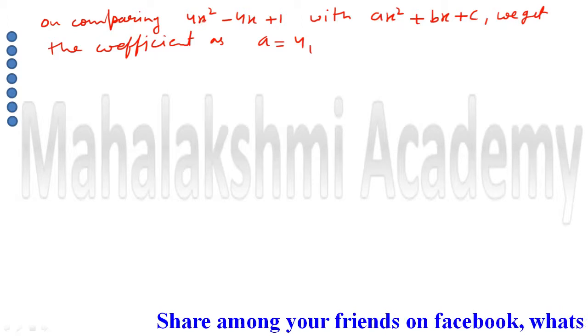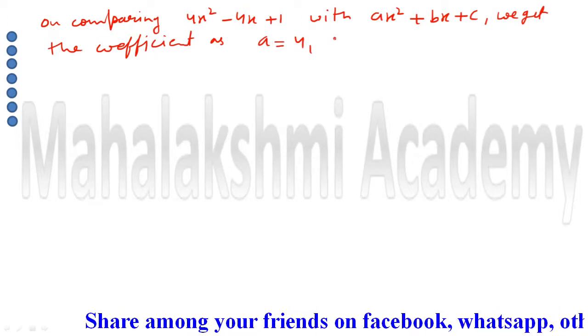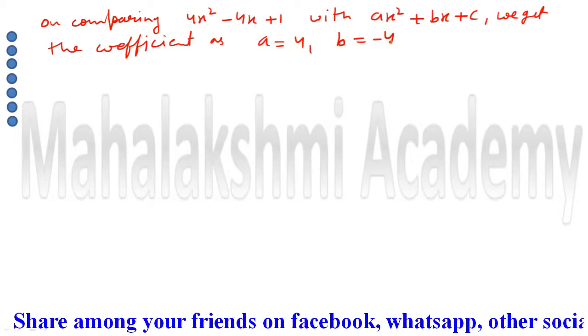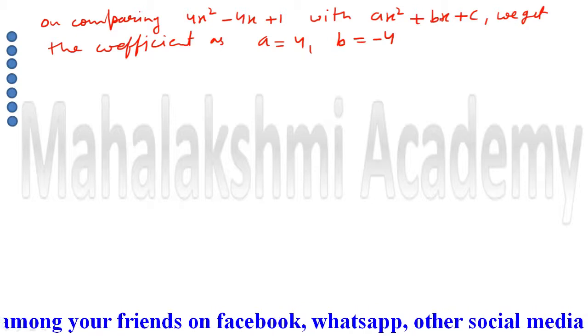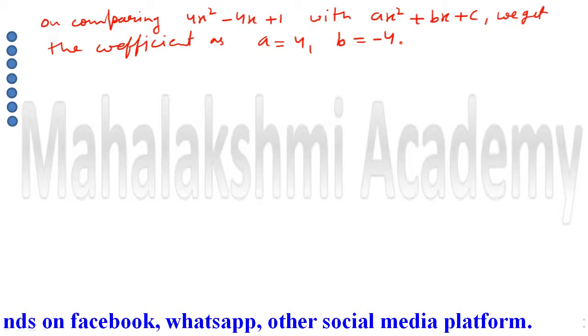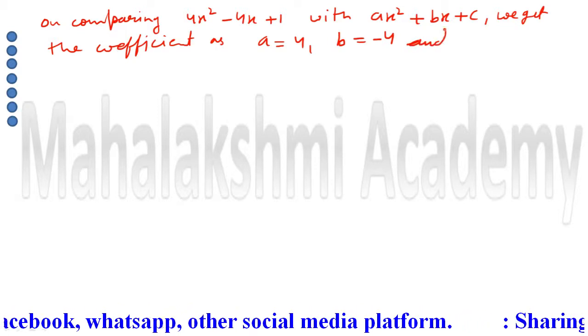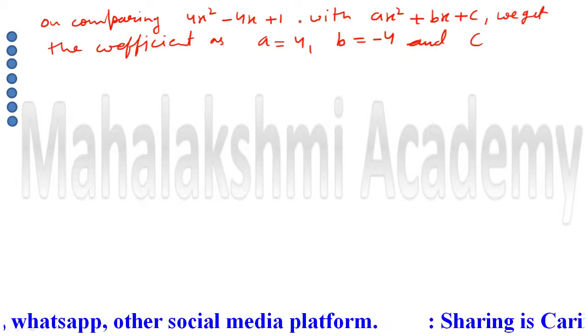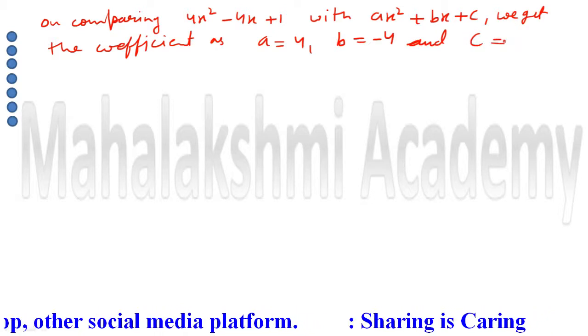So what is the coefficient of x square here? 4. So a is equal to 4 and b is equal to minus 4 because b is the coefficient of x. So what is the coefficient of x here? Minus 4. So b is minus 4 and c is the constant. So what is the constant here? 1. So we will write down here 1.